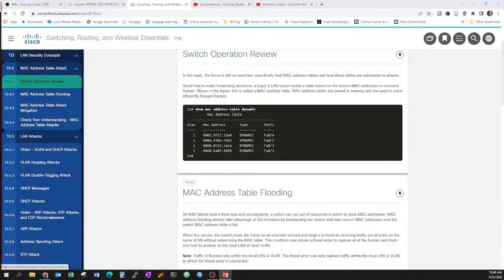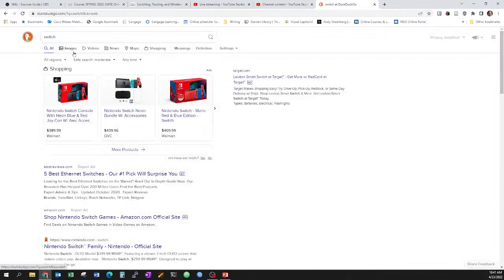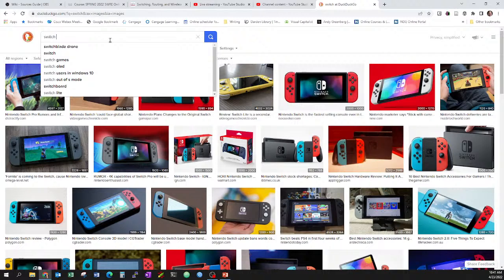I would also make sure that I don't have trunking capability on an access port, like it says here. So what that forces me to do, when I look at a switch, no matter what it is, is look at this. Sometimes just an image of the switch, and you see it.